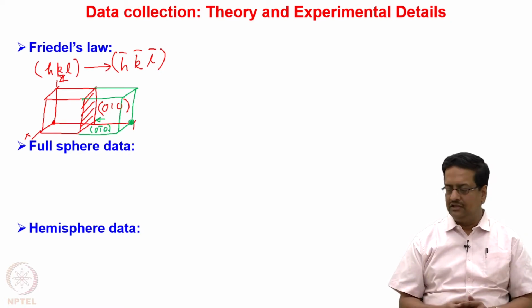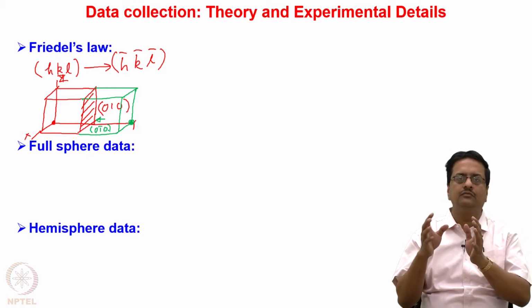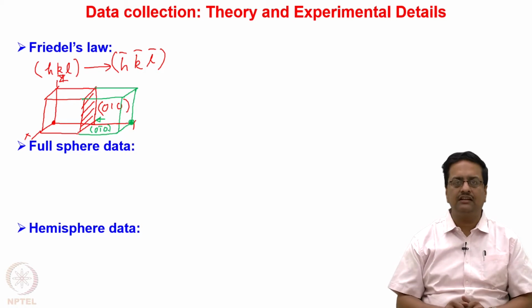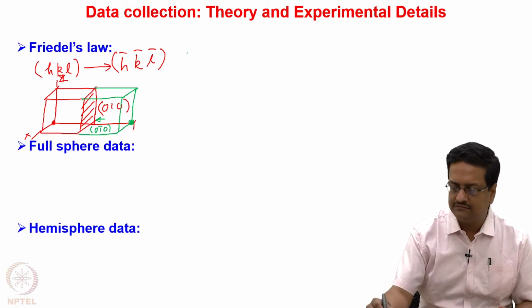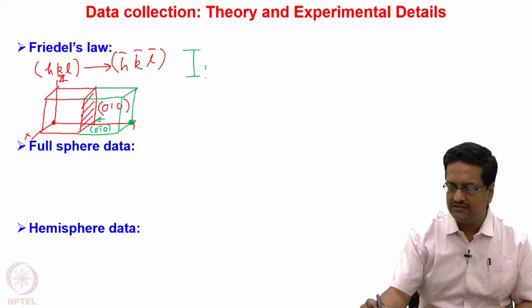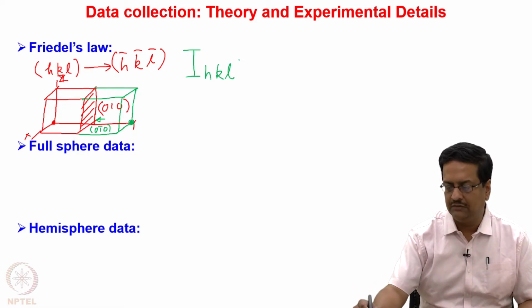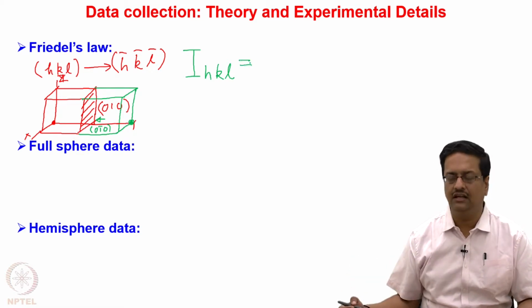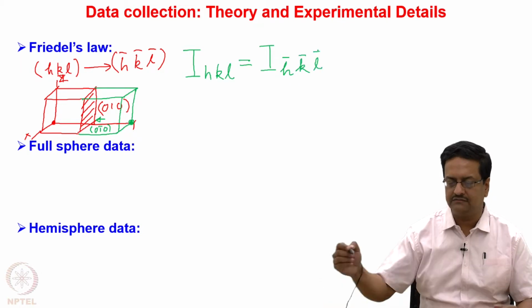That means the diffraction from the plane HKL is going to be the same as from the H bar, K bar, L bar. So the diffracted intensity, that is I HKL, the intensity of the diffracted beam from that particular plane with indices HKL, is going to be the same as the intensity of diffraction from H bar, K bar, L bar.